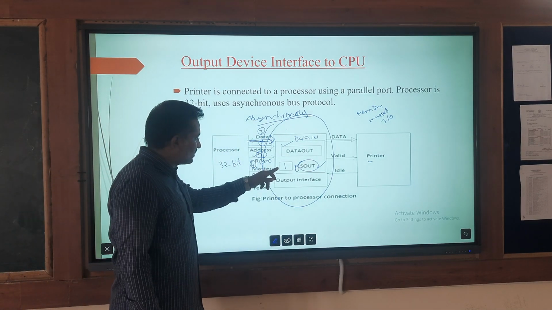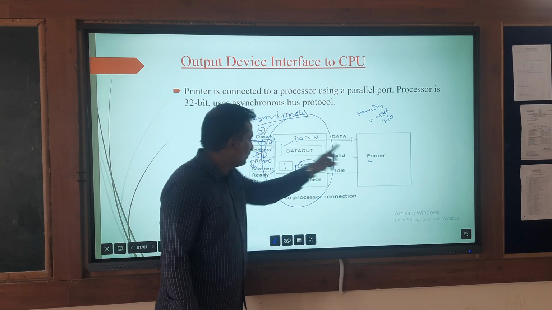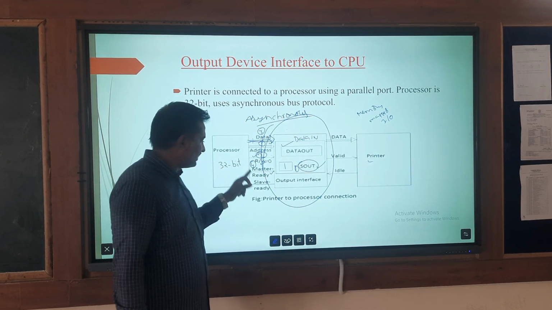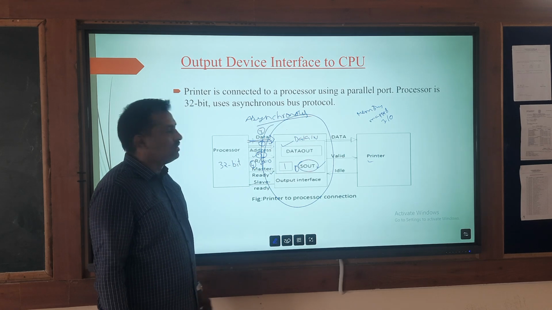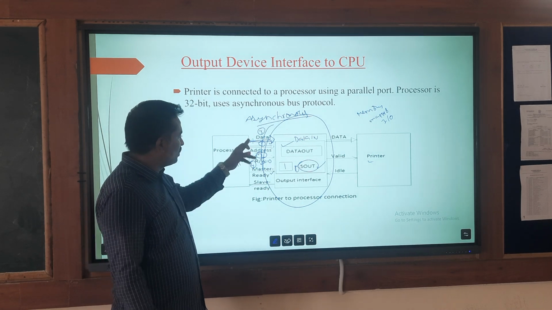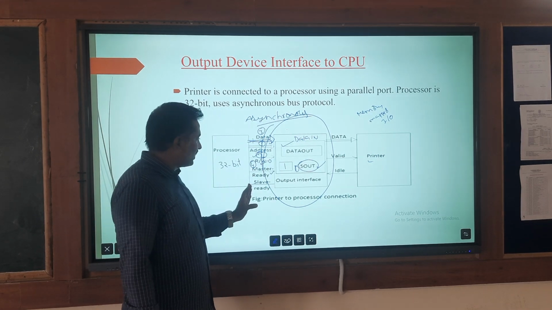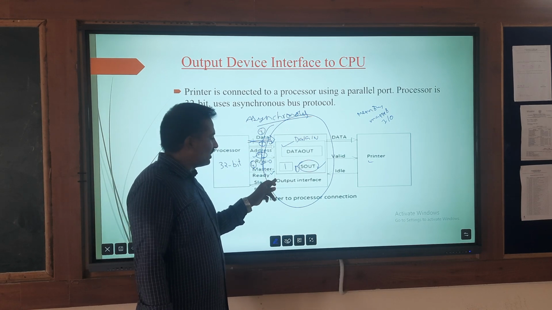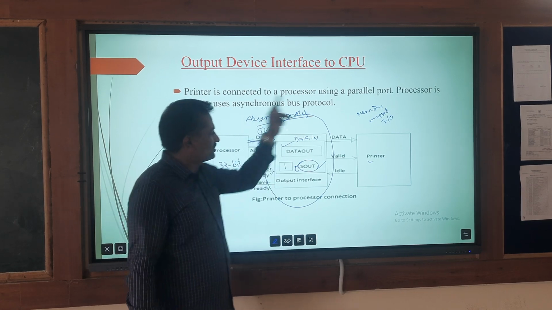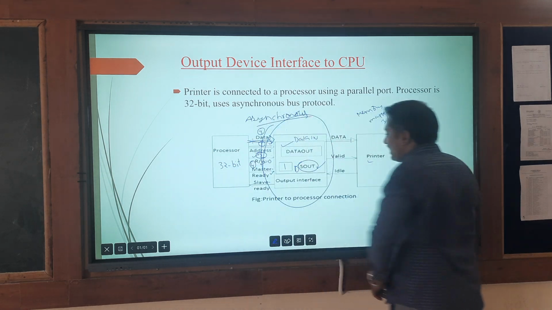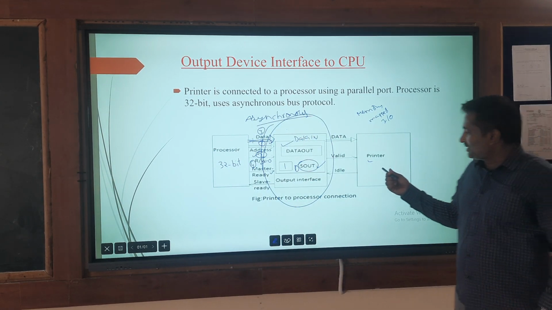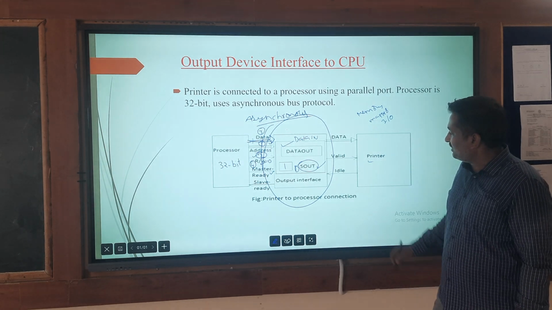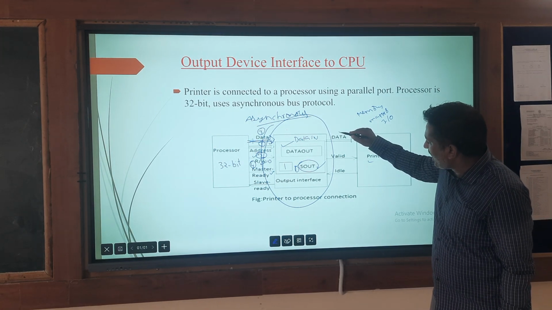And the processor informs the slave device that the processor is participating in the data transfer with the help of the master ready signal. So after sending the data, that should be enabled with the help of the master ready signal to inform that the processor is participating in the data transfer. Once the slave receives this master ready signal, then it receives the data.